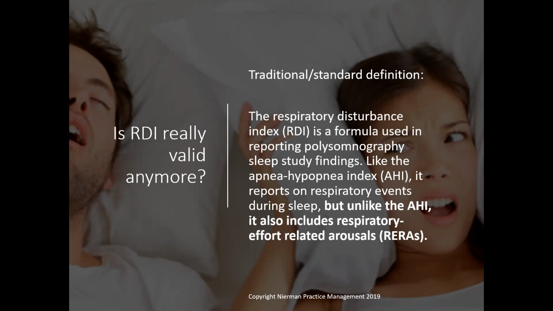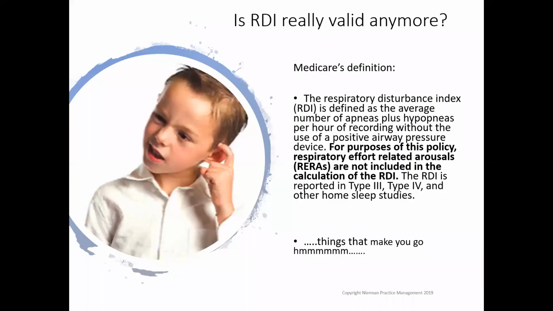Now, the reason this is so important is what you'll find in Medicare's coverage policy is that they define the RDI as the average number of apneas and hypopneas without use of a CPAP device.